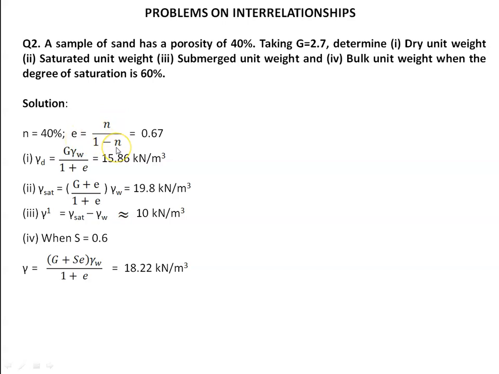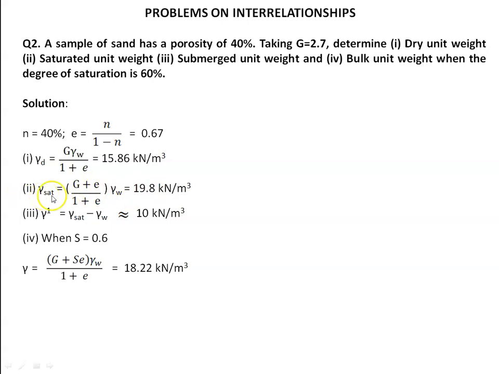Then knowing the value of void ratio, we can find the dry unit weight using the equation γd = Gγw/(1+e). Then saturated unit weight is equal to (G+e)γw/(1+e). So here knowing the values of specific gravity and void ratio, we can estimate the saturated unit weight.